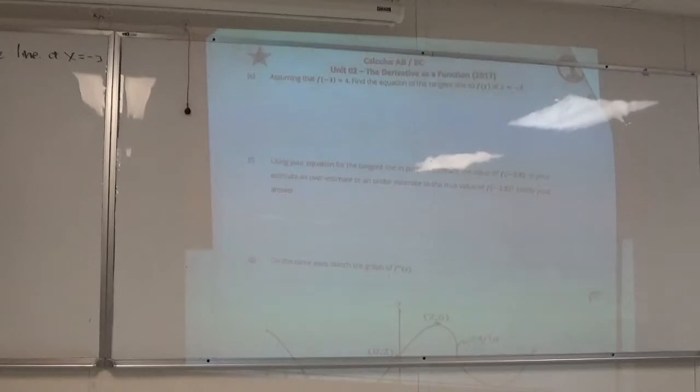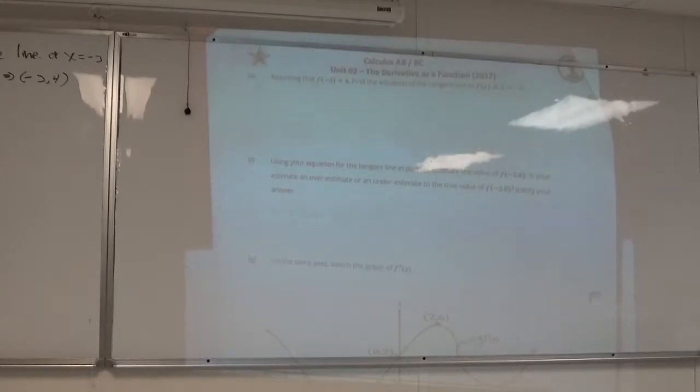So Jose is saying that we know that f of -3 is 4. So that's the point. The point is (-3, 4). Where does the slope come from? I heard some people earlier say rise over run, but that's not calculus thoughts. Where does the slope come from?